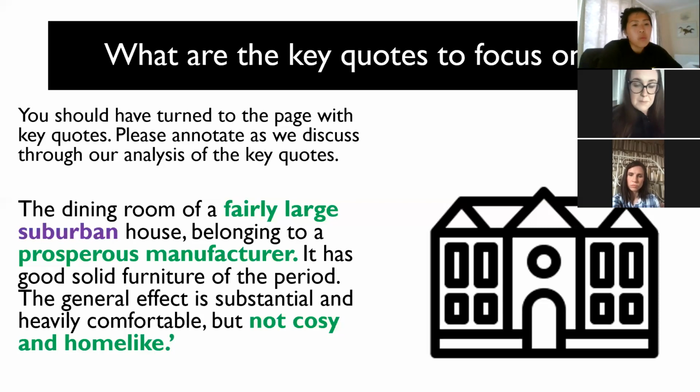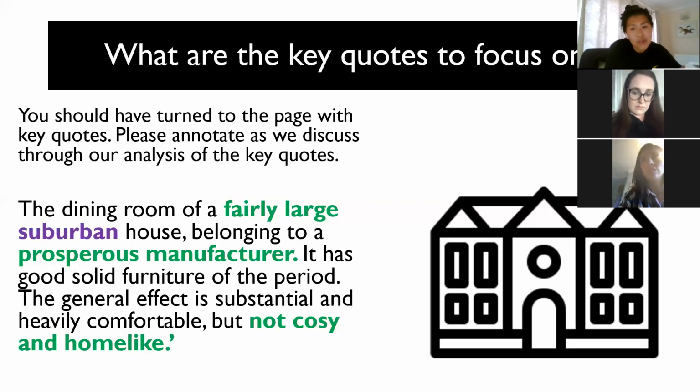So why has he used the term fairly large? Whilst it does show you the status of the family, it's fairly large because Mr. Birling hasn't come into this position through a family lineage. He's a self-made man.